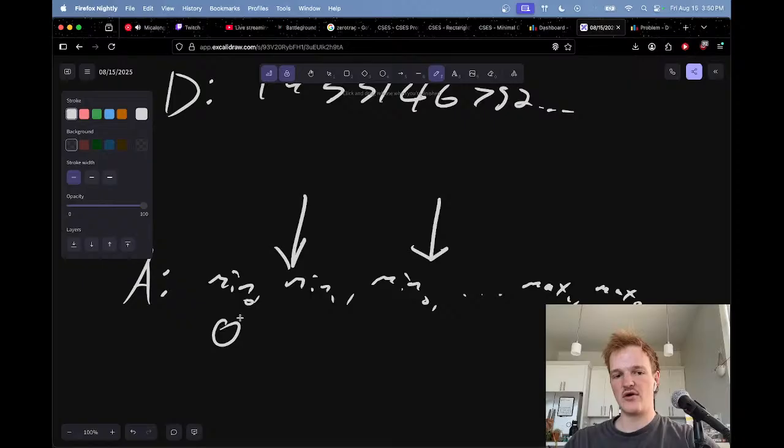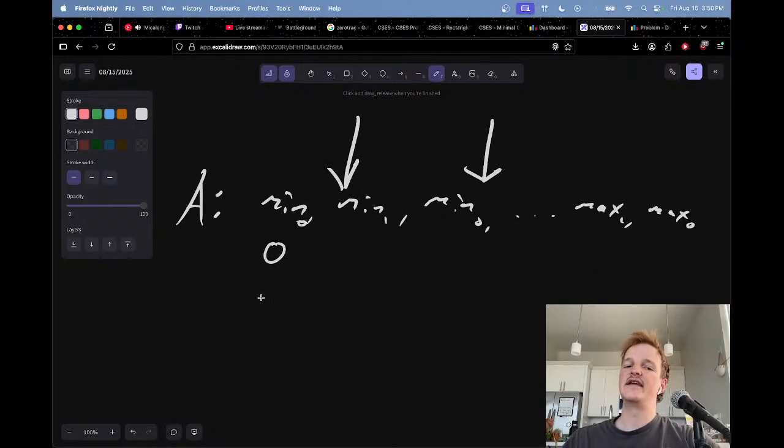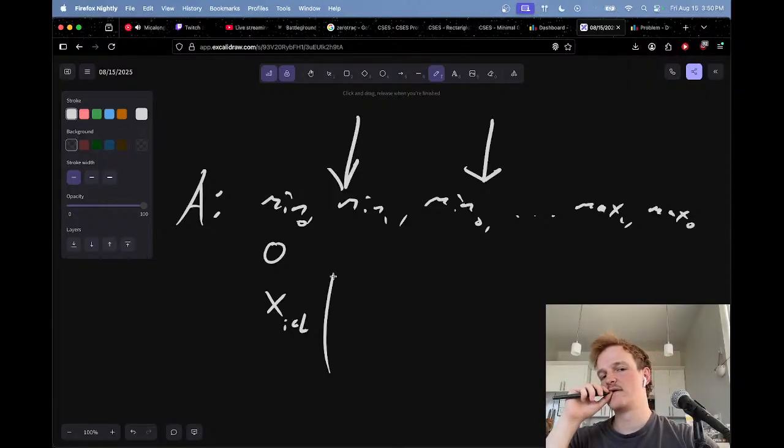You would say, look at all of these. Is there any x sub I, where I is less than L, such that you can't multiply it by anything?